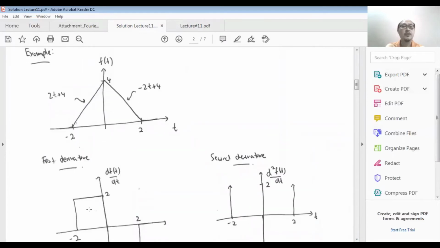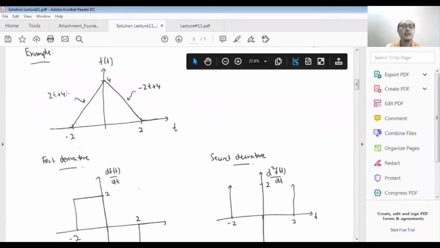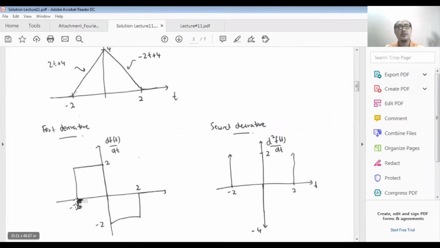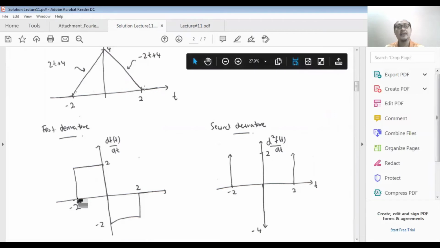For the first order differentiation, we are differentiating a straight line, so we get a constant of 2. The same happens when you differentiate the other straight line: you get a constant of negative 2. So the first is from negative 2 to 0, and the second is from 0 to 2.